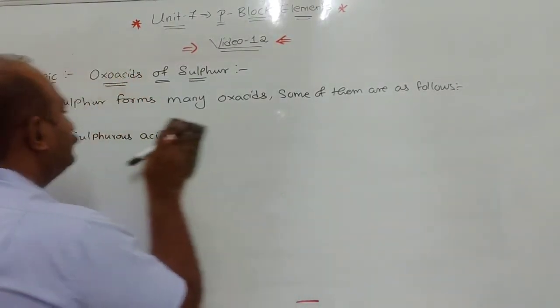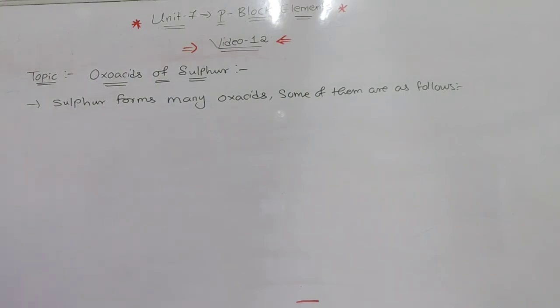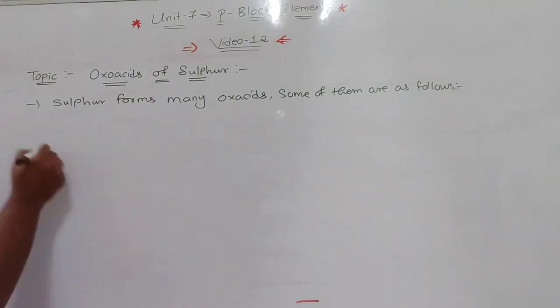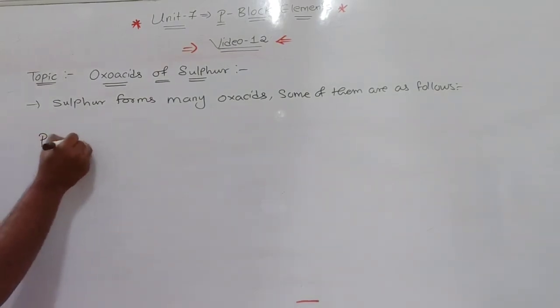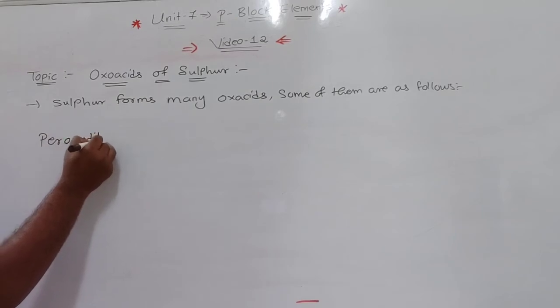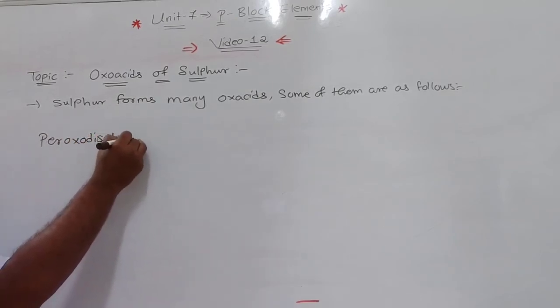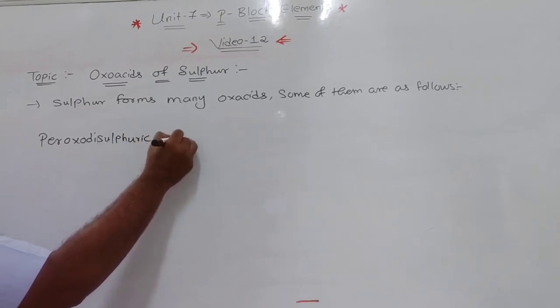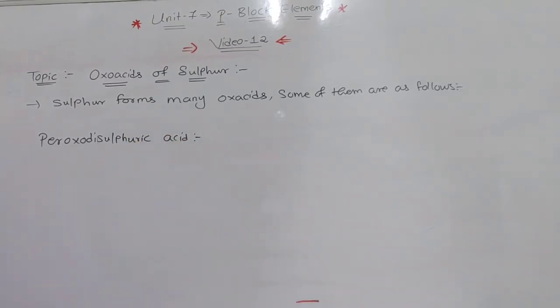The remaining 2 structures given are peroxodisulfuric acid, where the formula we write for it is H2S2O8.